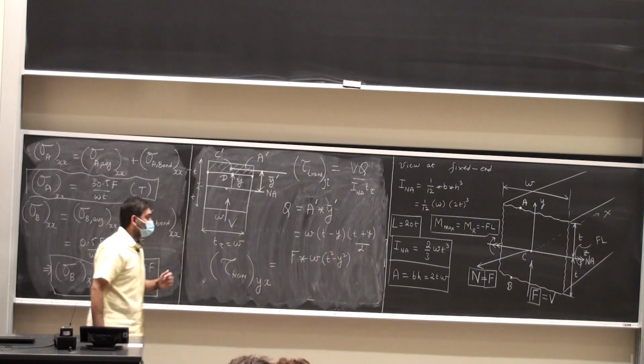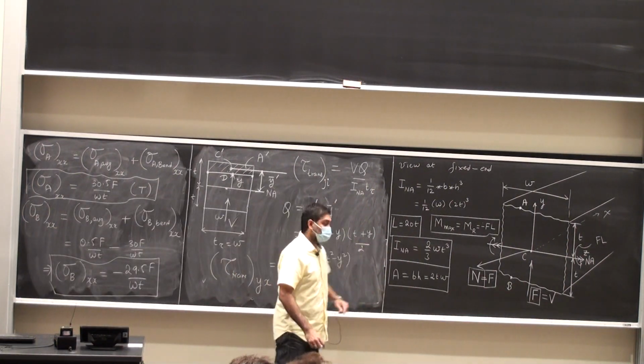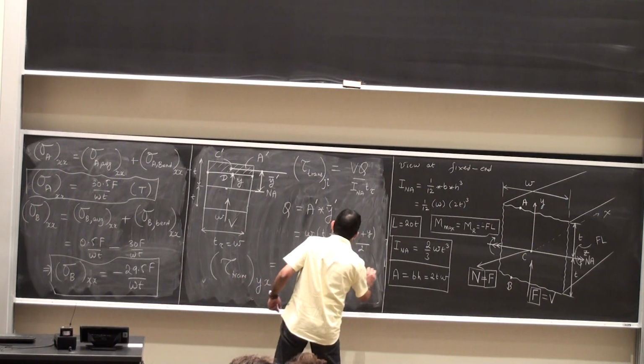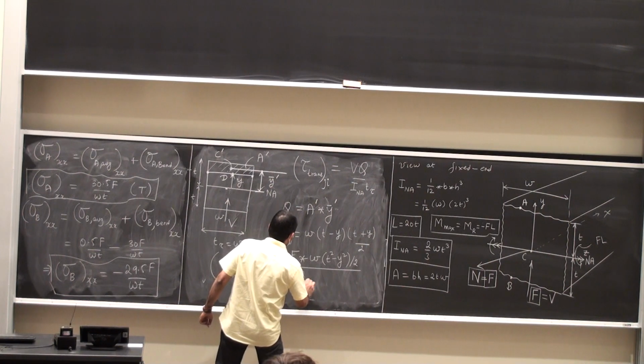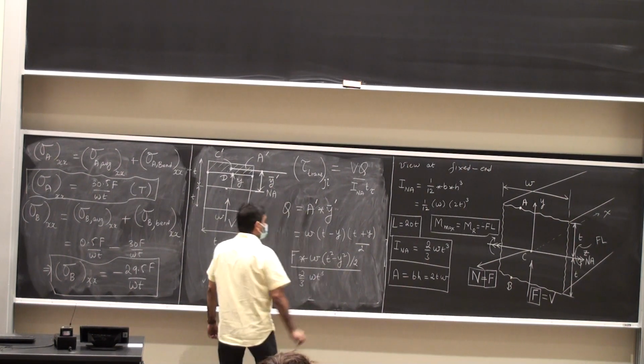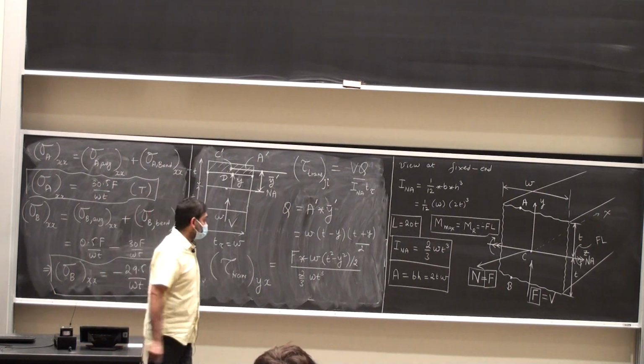That's a factor of a half. I neutral axis. This is divided by 2, 2 by 3 W t cubed, multiplied by t, which is equal to W.